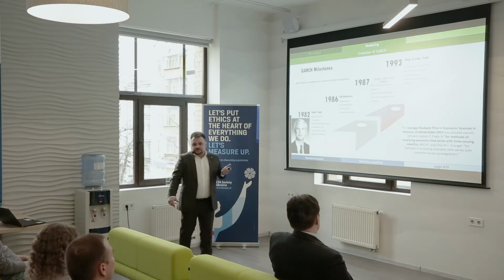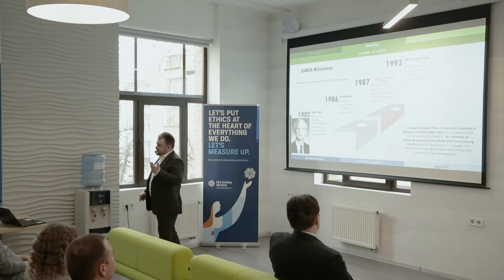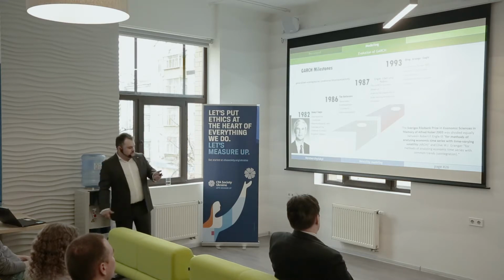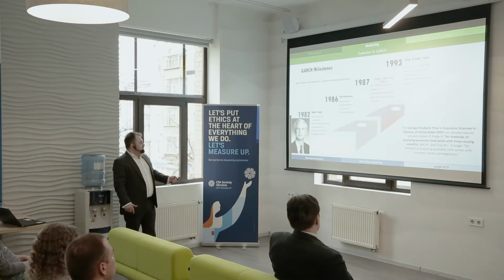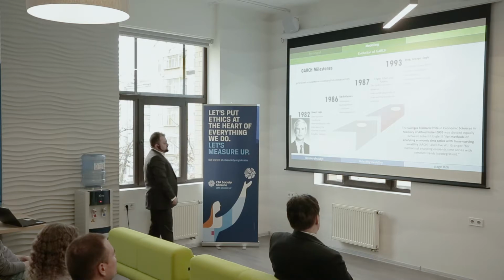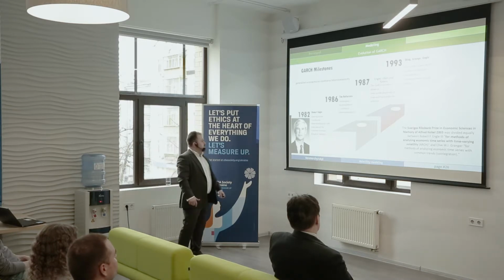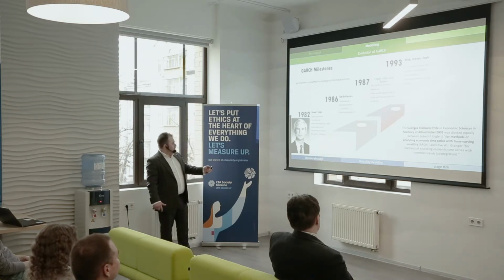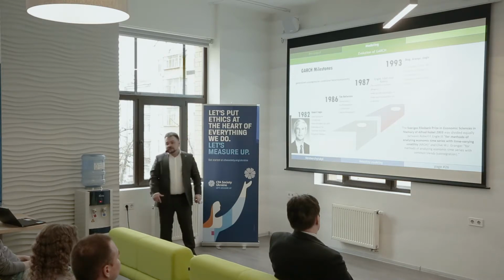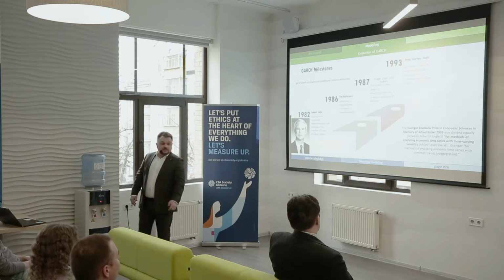The evolution of GARCH. This concept is quite old. Everything began in 1982 with the paper published by Engle, autoregressive conditional heteroscedasticity with estimates of variance of United Kingdom inflation.